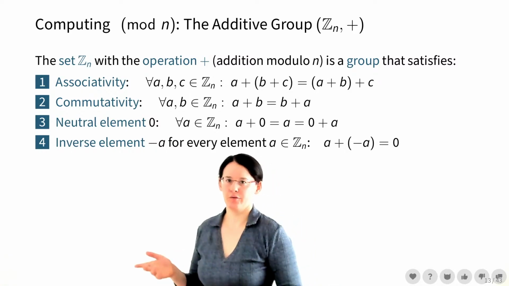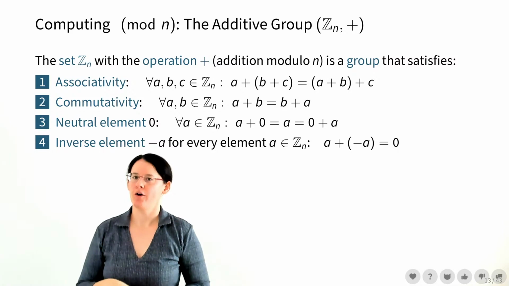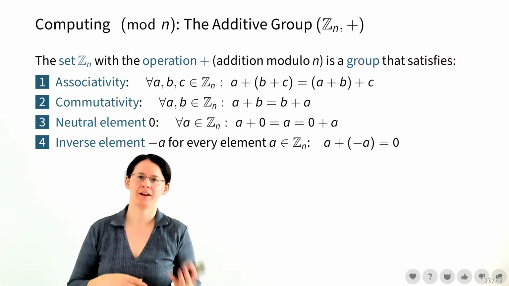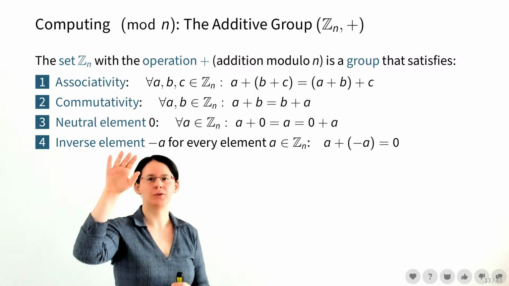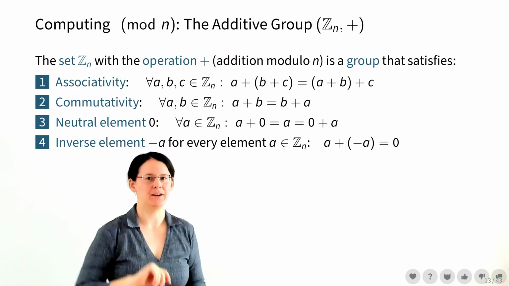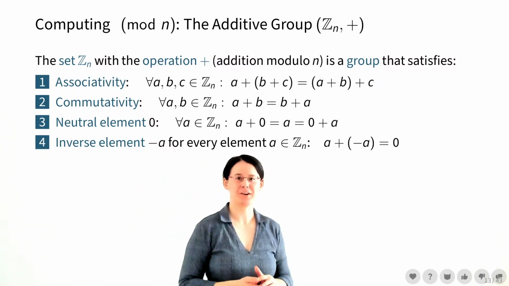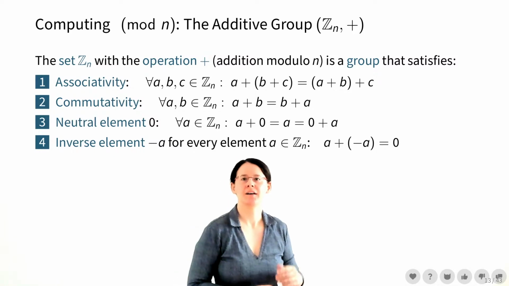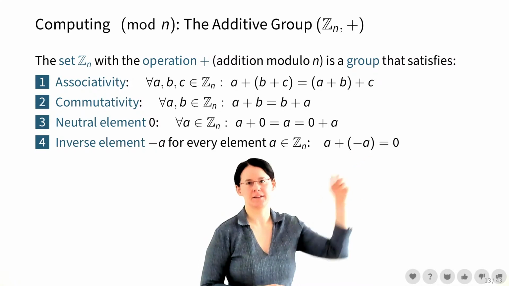Okay, and then for each element in our group, we also have a so-called inverse element, which sort of undoes the effect that the element itself had. So for example, if you want to undo the effect of plus a, you do, well, minus a. Looks pretty obvious, but it's still very convenient to have. So the additive inverse of any element is minus that element.